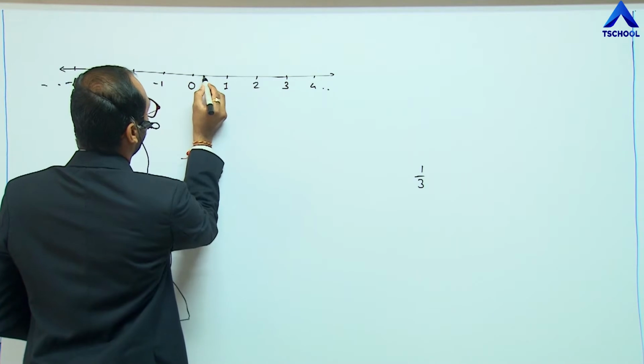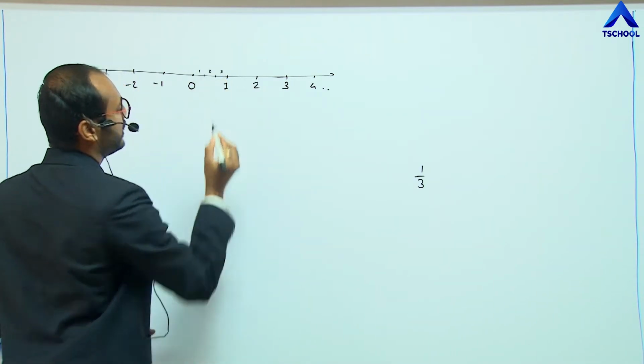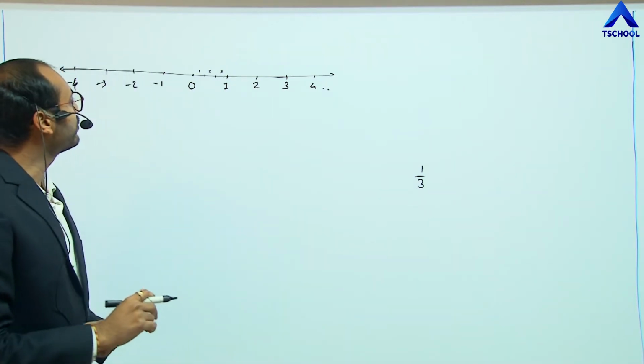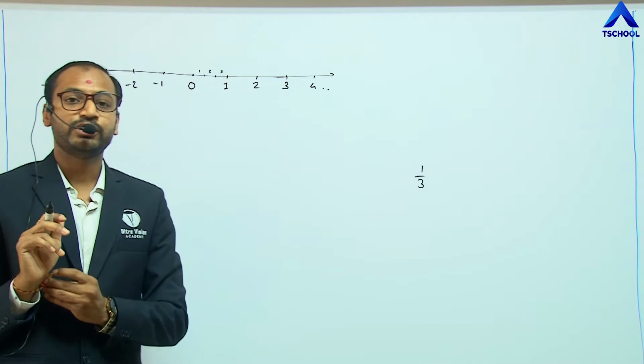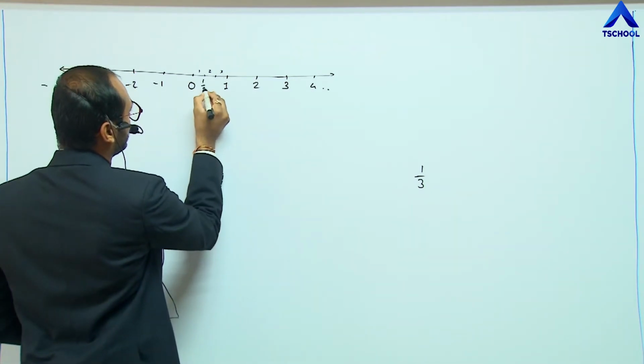So let me divide it: 1, 2 and 3. This is the first part, second and third one. So these are the 3 equal parts. What is the value of the first part? It is 1 upon 3.